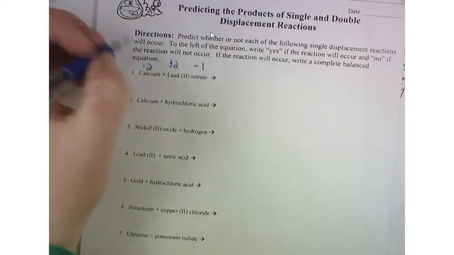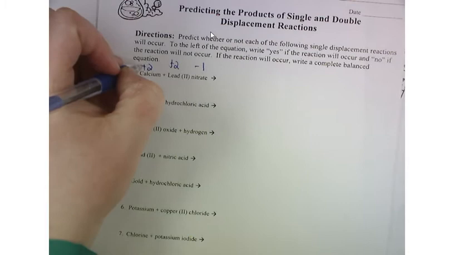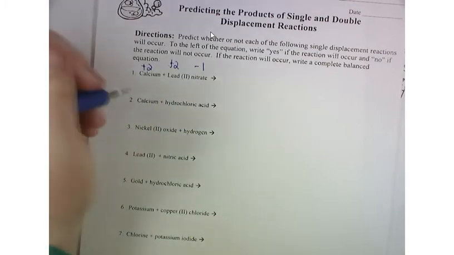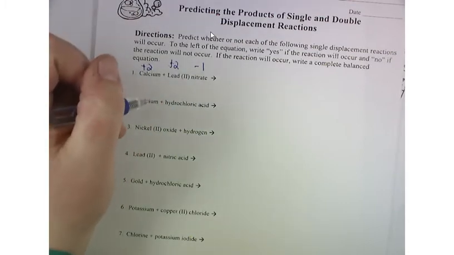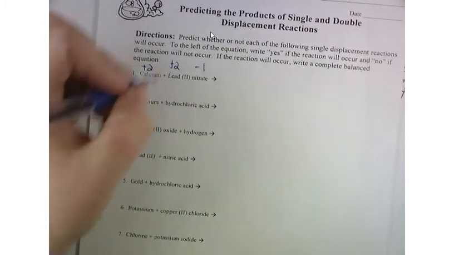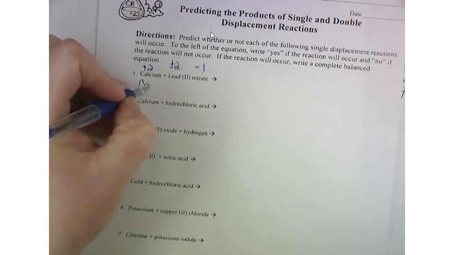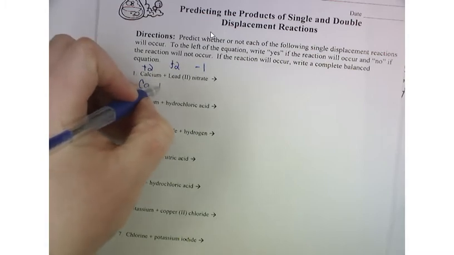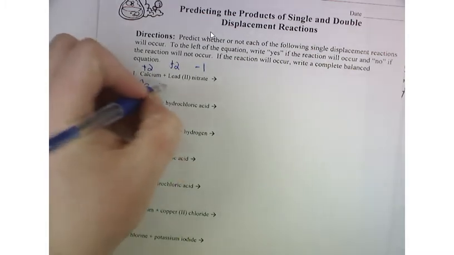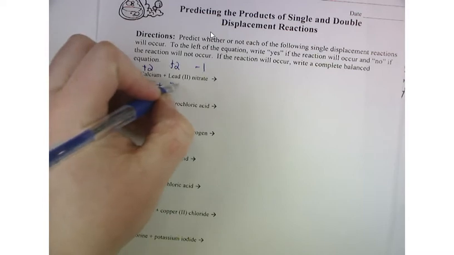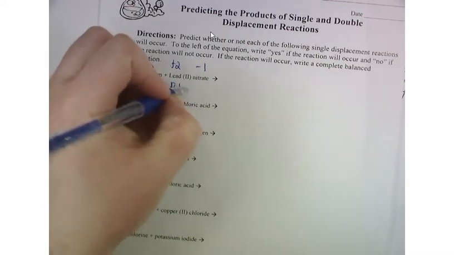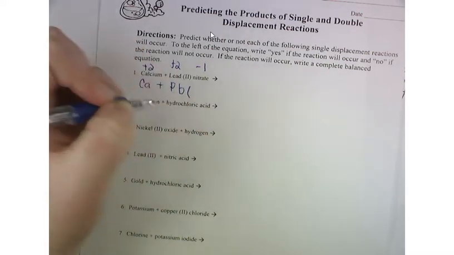So now that I know what my charges are that I'm dealing with, I can actually write out what my reactants would be. So I have calcium. Calcium is standalone. So that's going to be Ca plus lead nitrate. So lead has a charge of +2. Nitrate only has a charge of -1.